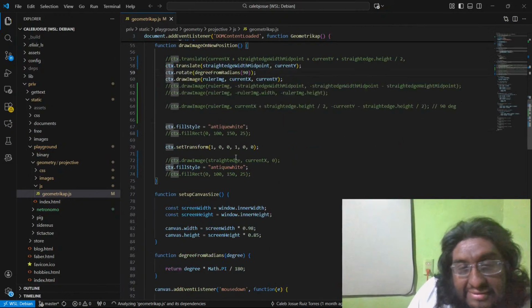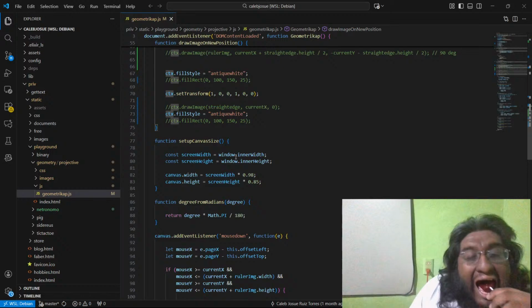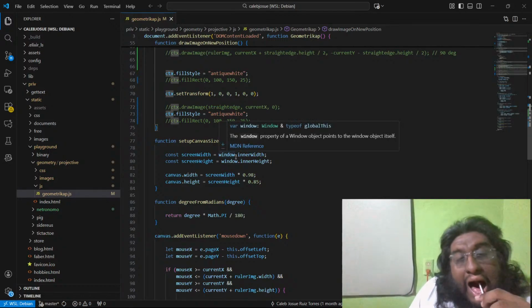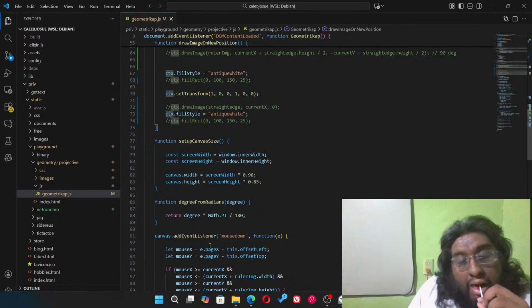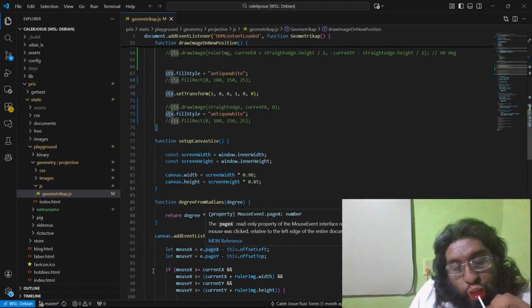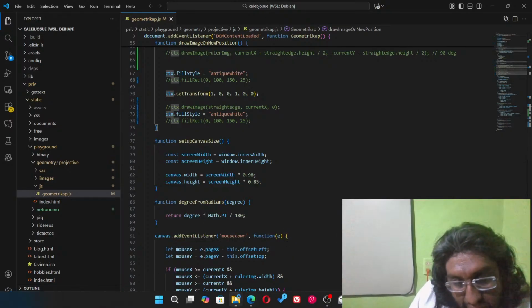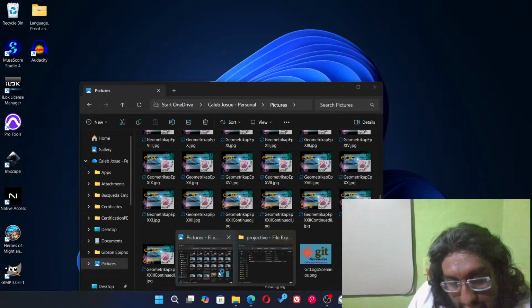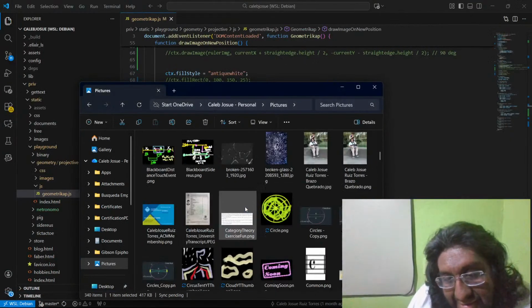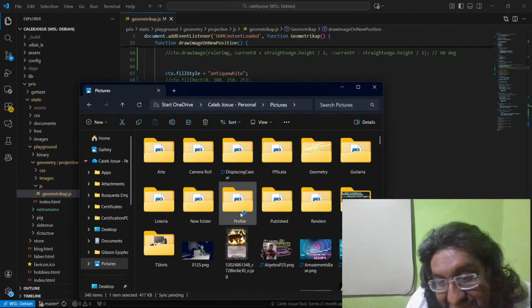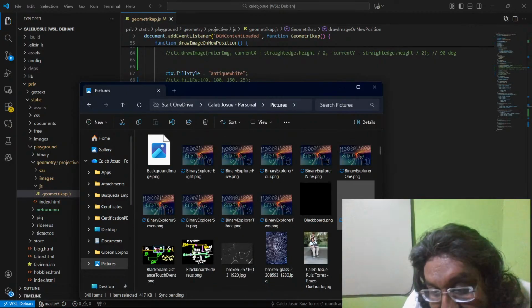Oh my God, this JavaScript. Now we have a lot of images in here, a folder of images.